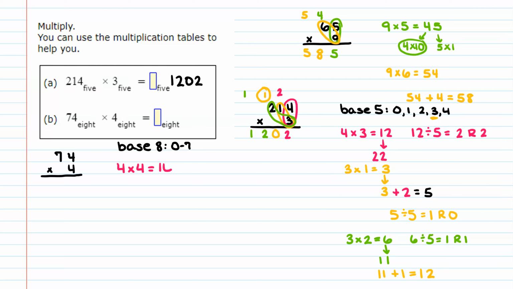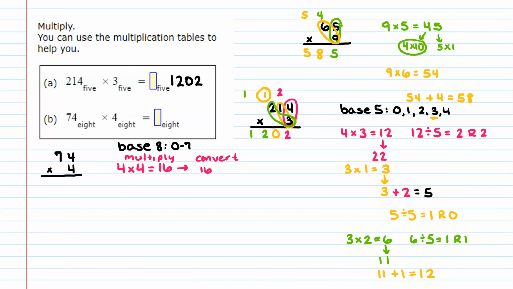That makes 16, but that's in base 10. We need to convert 16 to base 8. So we're going to take 16 and divide it by 8. That's our next thinking. So we multiply, and then we convert to the proper base.